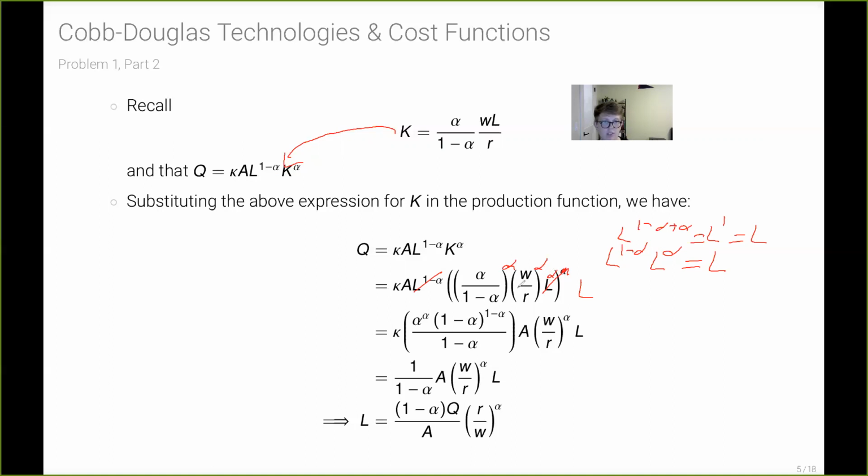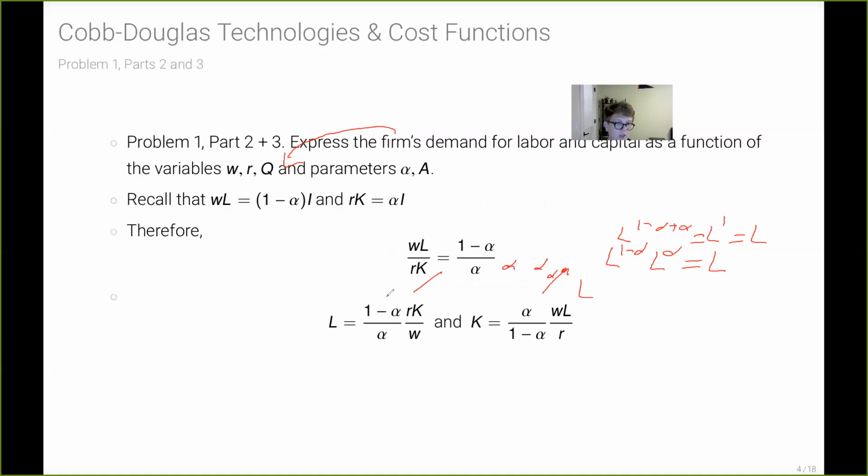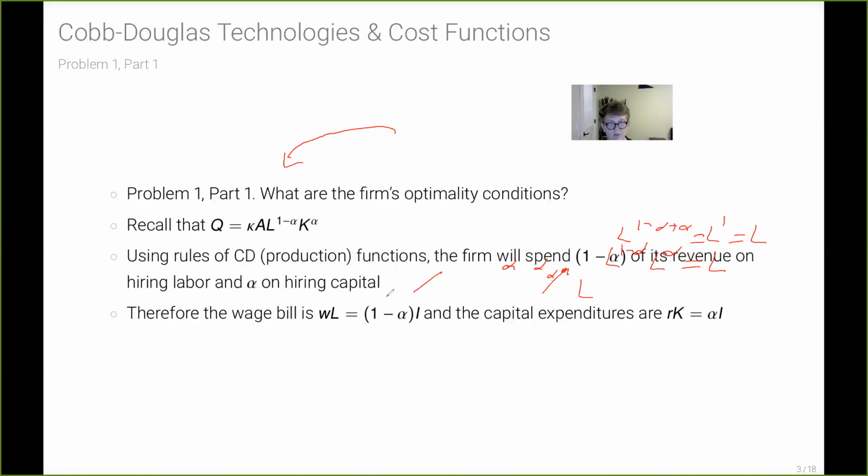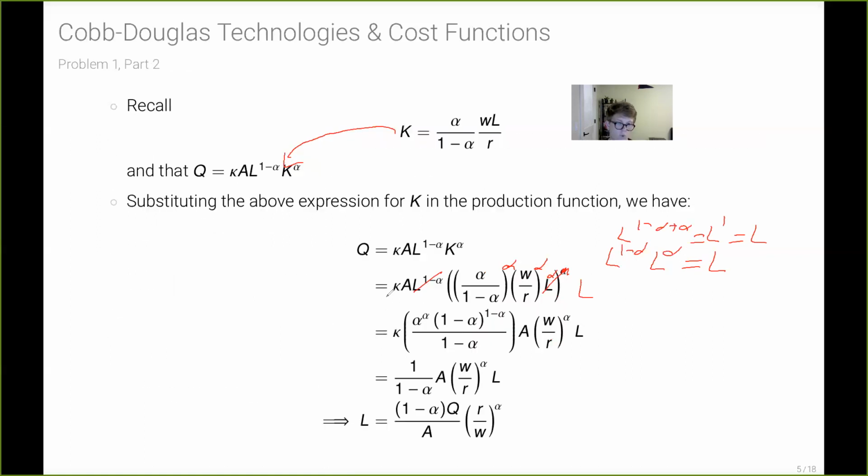Any more simplifications that we can make? Well, the big simplification that we really want to make here is to recall that kappa is equal to 1 over alpha to the alpha times (1 minus alpha) raised to the 1 minus alpha.